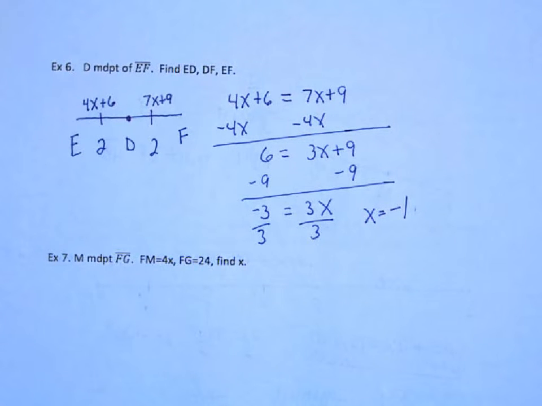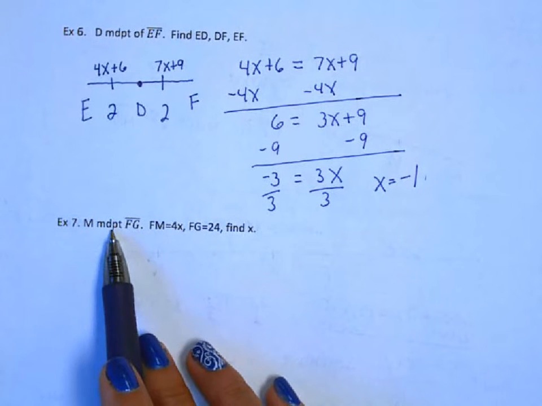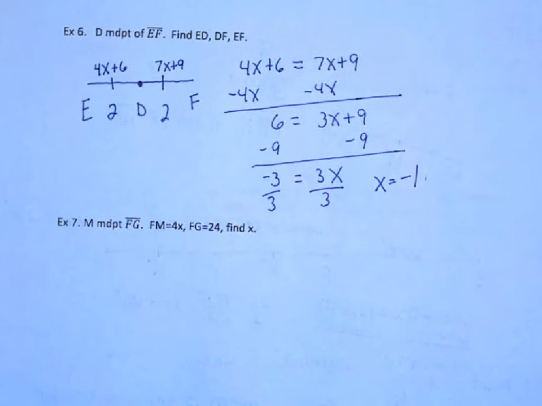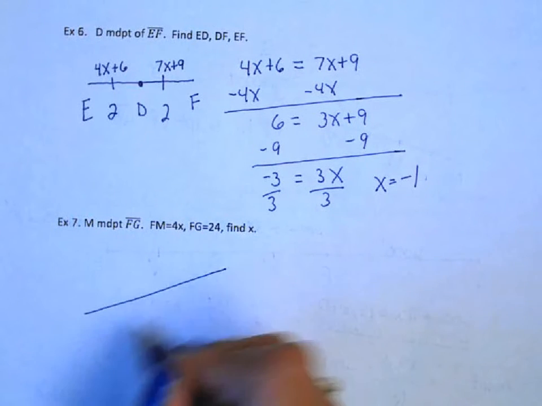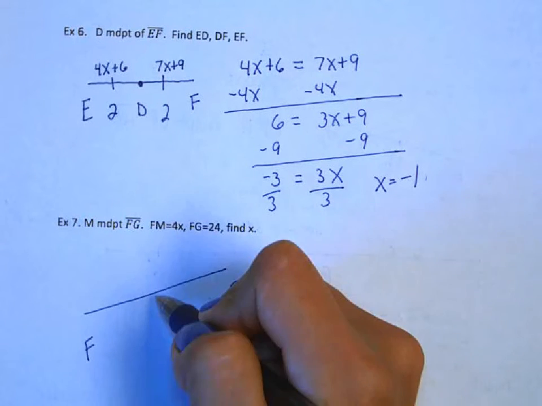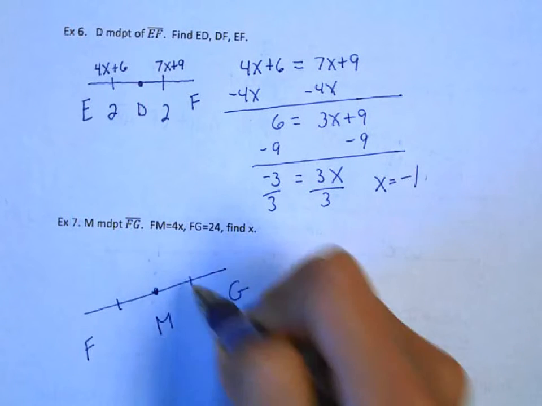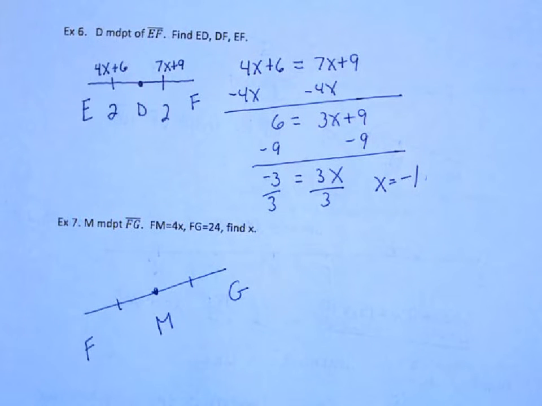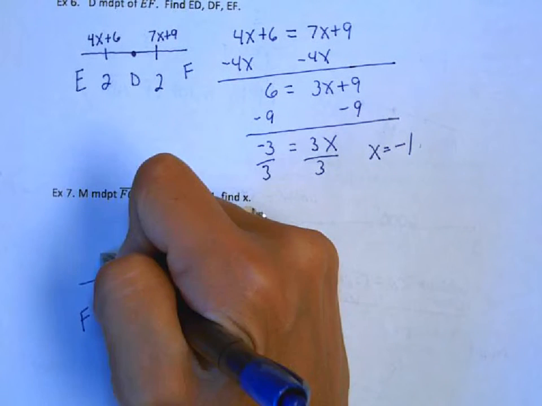Okay, looks like the last one is very similar. M is the midpoint of FG. Draw a picture. So you want segment FG. I've got M being the midpoint. That's the middle. So FM is 4x.